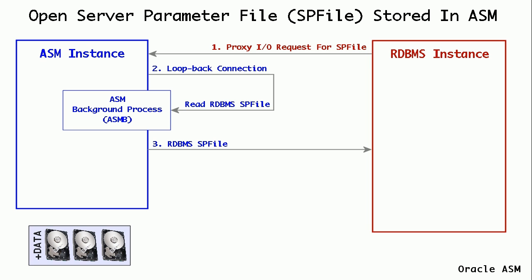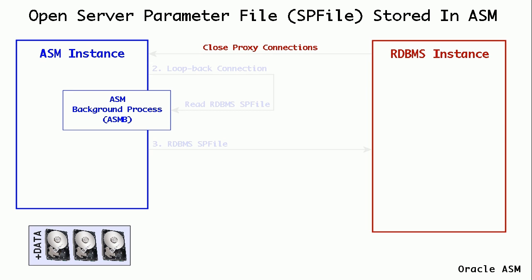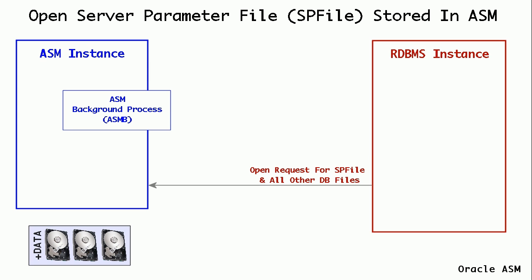After database instance is started, it will close proxy connections. Now, database instance sends a regular request to open server parameter file and all other database files. After some time, ASMB process exits.